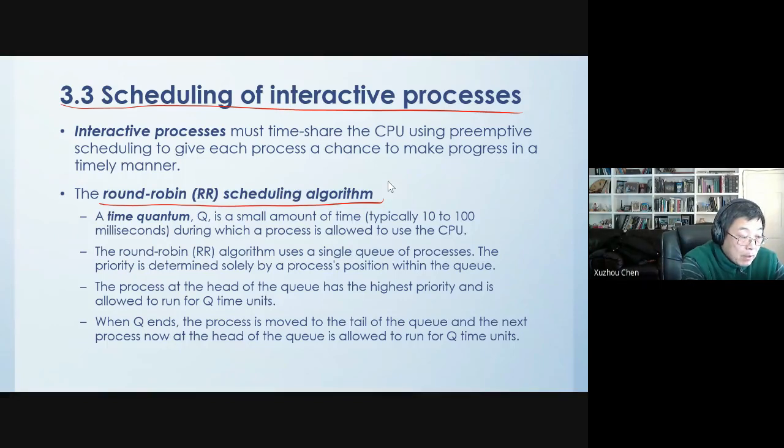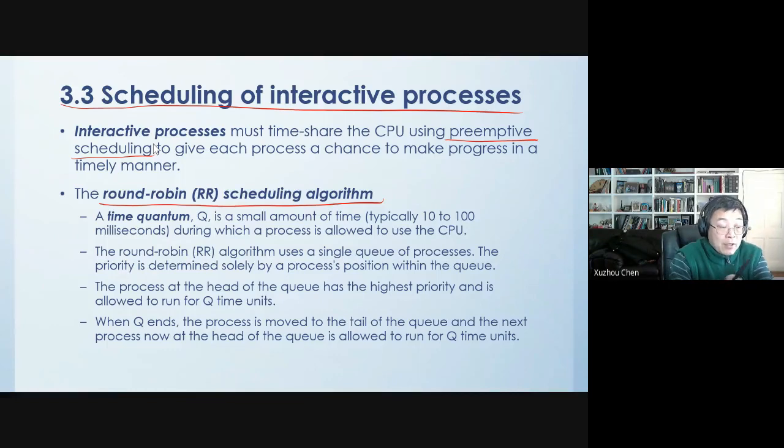First, interactive scheduling must use preemptive scheduling, because the scheduler wants to schedule each of the processes in turn.